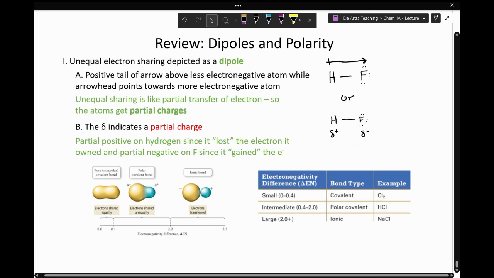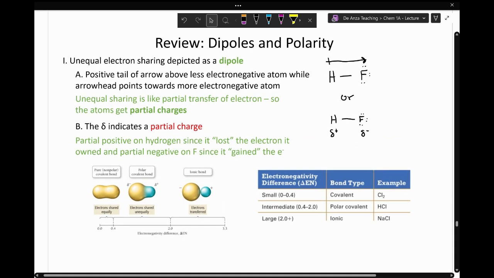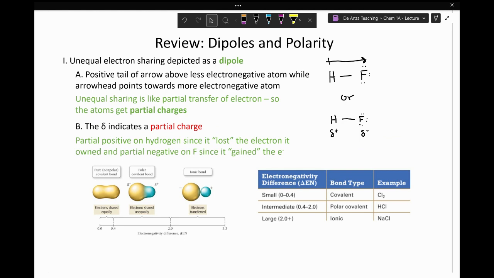In the past, we had talked about the polarity of bonds, where in bonds with a difference in electronegativity greater than 0.4, we have an unequal sharing of electrons in what we call the dipole. We said this unequal sharing is like a partial transfer of the electron. So the atoms that are part of that bond get a partial charge, where the less electronegative atom loses an electron and gets a partial positive charge, and the more electronegative atom, like fluorine, gains the electron.